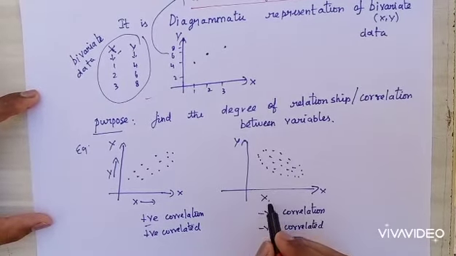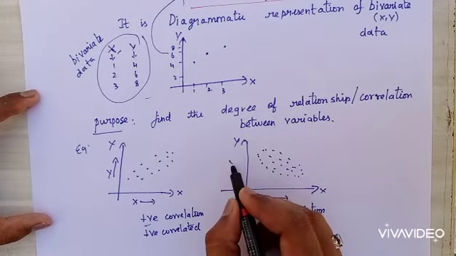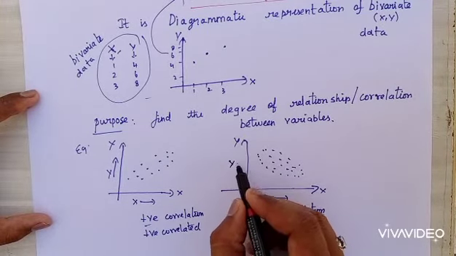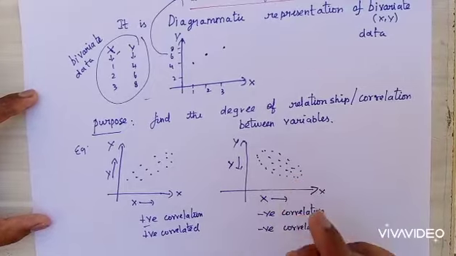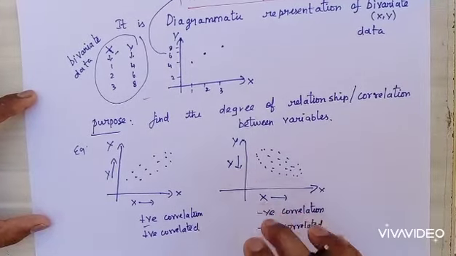Because x increases, the y decreases. So in this diagram we are saying negative correlation between the variables.